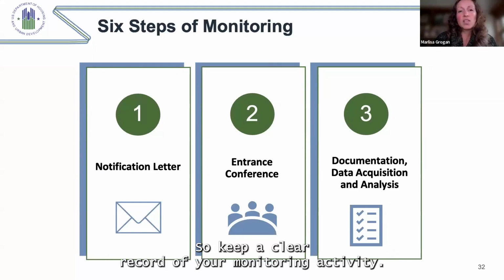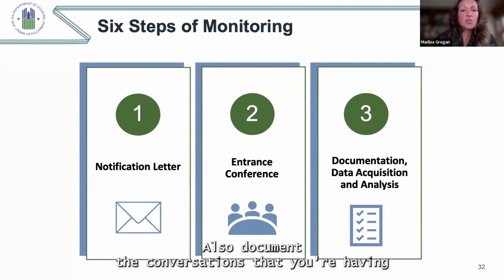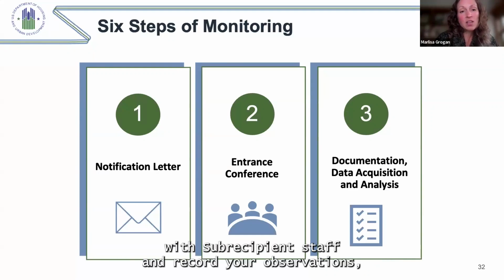So keep a clear record of your monitoring activity, including the actions that you're taking during the monitoring, identifying the materials you review. Also document the conversations that you're having with subrecipient staff and record your observations.